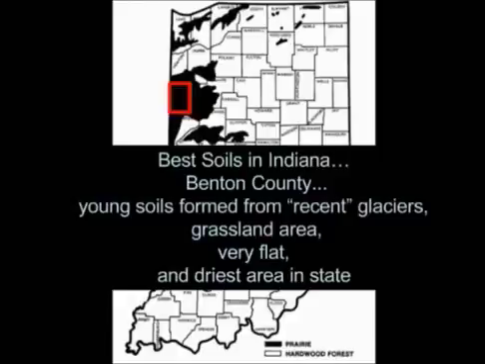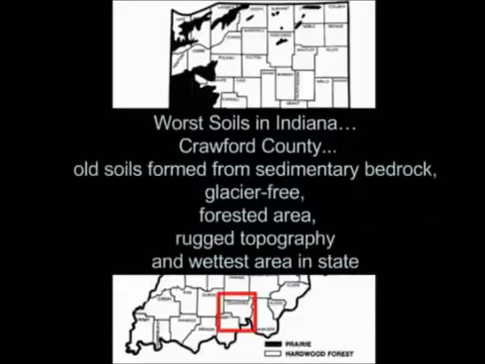Therefore, the worst soils in Indiana are found here in Crawford County. Crawford County has the oldest soils, formed from the sedimentary bedrock limestone underneath it. Because it's been there, it's residual soil, it's old, and it hasn't had glaciers come and transport new sediment to the area.